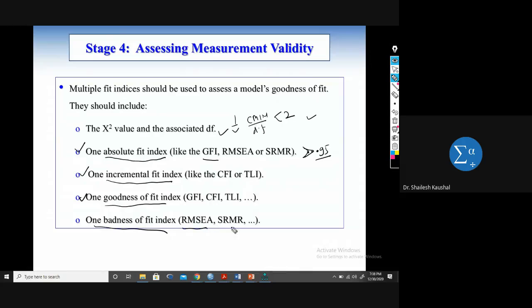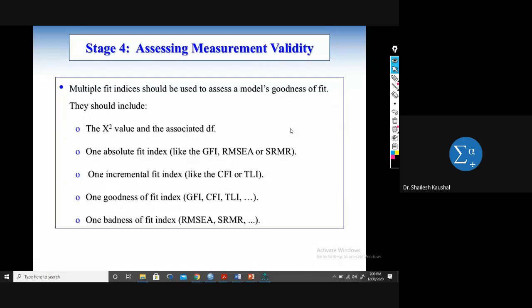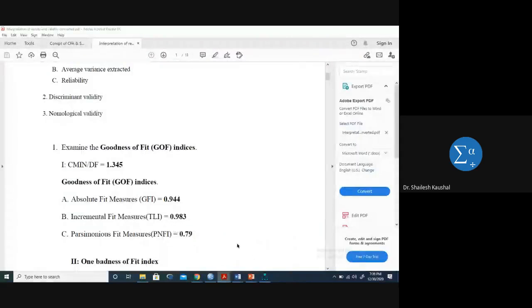It means RMSEA, it should be less than 0.08 से कम होनी चाहिए वैल्यू. दिस शुड बी, इट्स बैडनेस. बैडनेस ऑफ फिटनेस का मतलब है कि इट्स वैल्यू शुड बी लेस देन 0.08, एंड गुडनेस ऑफ फिट इंडेक्स की वैल्यू जो होनी चाहिए वो होनी चाहिए हमारी ग्रेटर देन 0.95. ठीक है. अब देखिए इसके लिए चेक करने के लिए वी हैव 2.